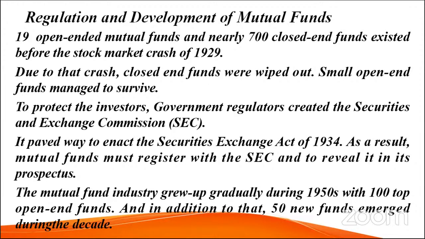In 1929, there was a big crash in the stock market. During that time, 19 open-ended mutual funds and nearly 700 closed-ended funds existed. Due to that crash, the closed-ended funds were wiped out, and a few small open-ended funds managed to survive.